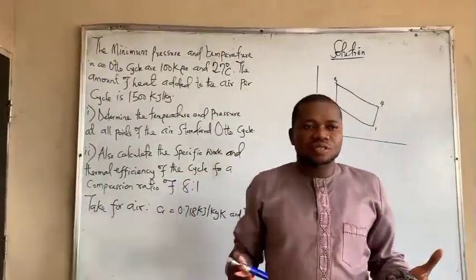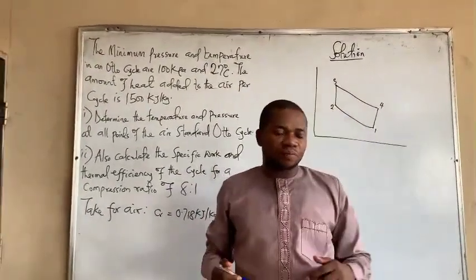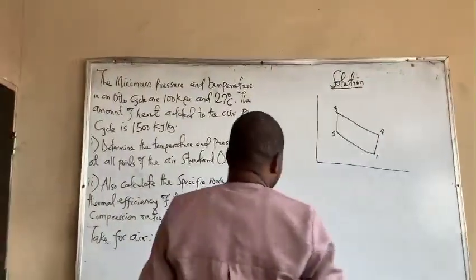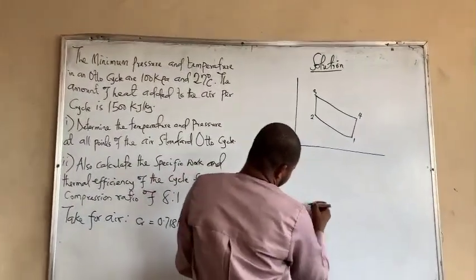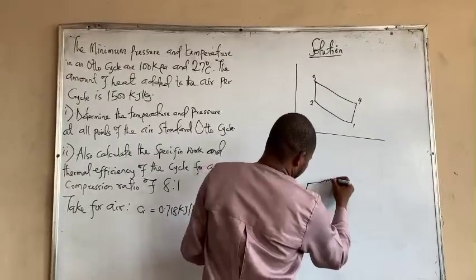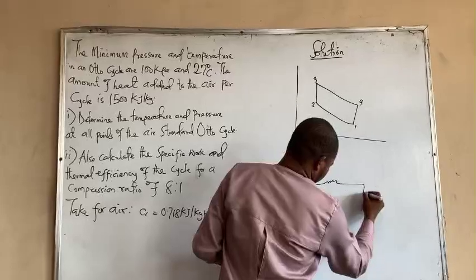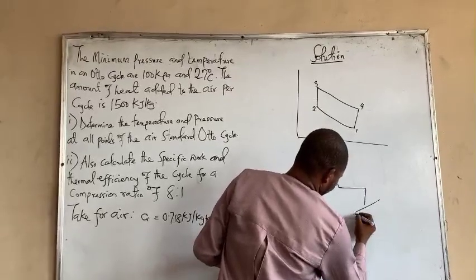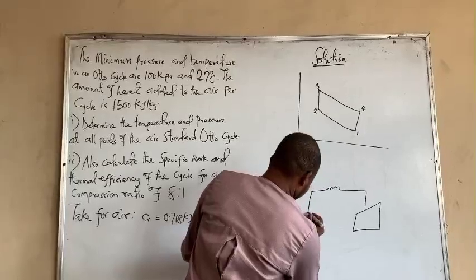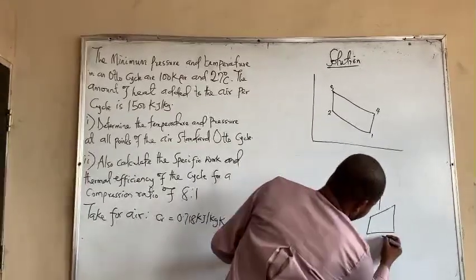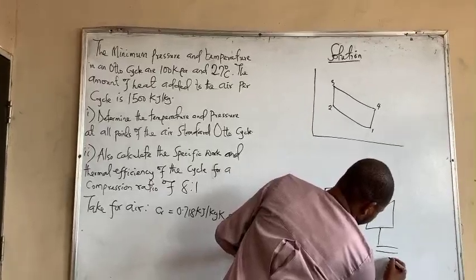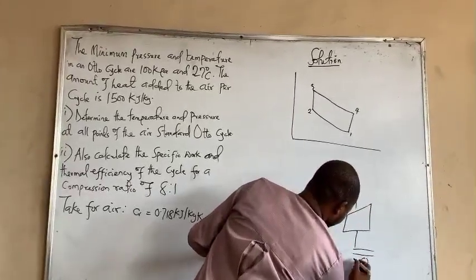If you want to describe what happens when you are making use of a steam turbine, the working principle of a steam turbine, I could draw it in this format. Here is the heat outlet.